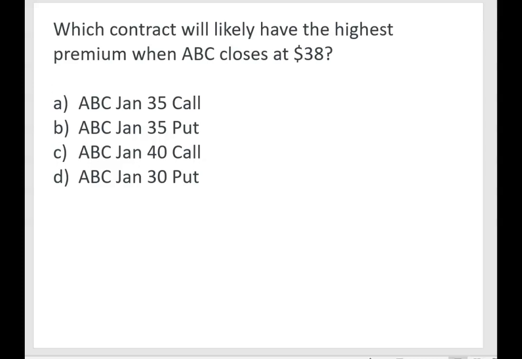Okay, I think everyone's answered. So the question here is: which contract will likely have the highest premium when ABC closes at 38?